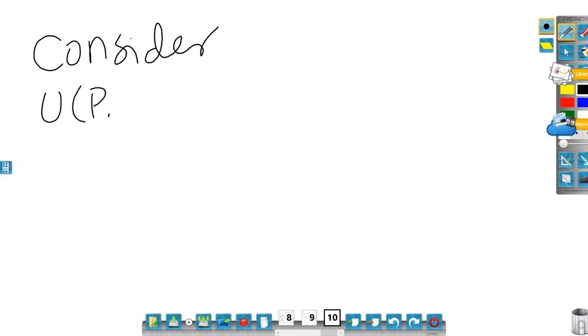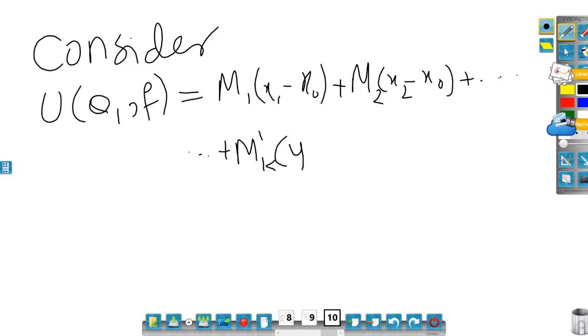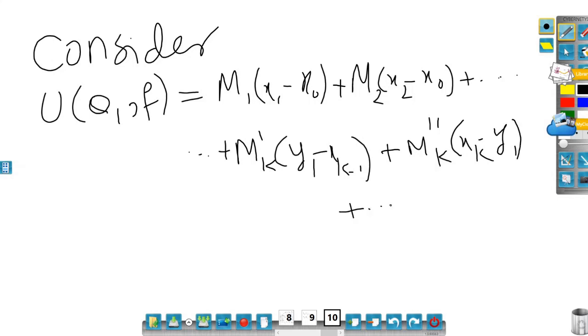So now let me consider UQ1F. UQ1F is nothing but capital M1 times x1 minus x0 plus capital M2 times x2 minus x1 plus dot dot dot, plus mk dash times y1 minus xk minus 1, plus mk double dash times xk minus y1, plus dot dot dot, plus mn times xn minus xn minus 1.